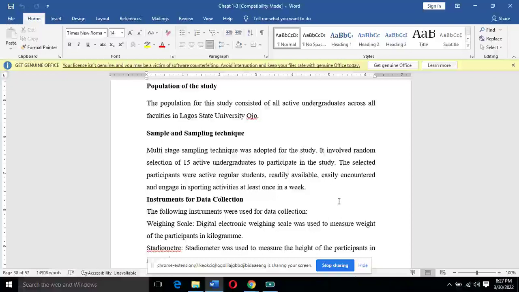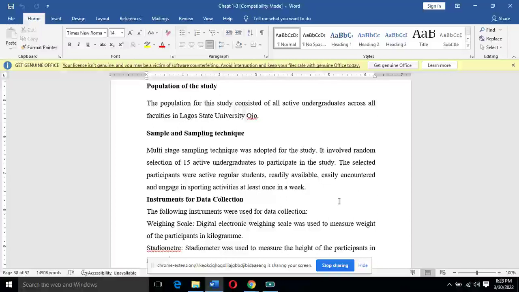We have purposive sampling technique. Purposive sampling is that I'm picking particular people. Maybe out of those 50,000 students, I only need those that study medicine. That's what I want to use. So I will purposively select medicine students.